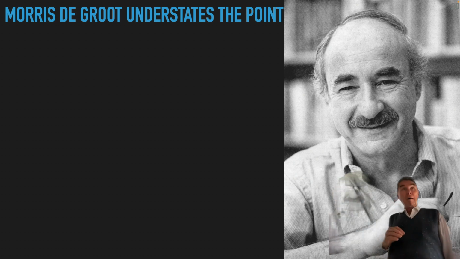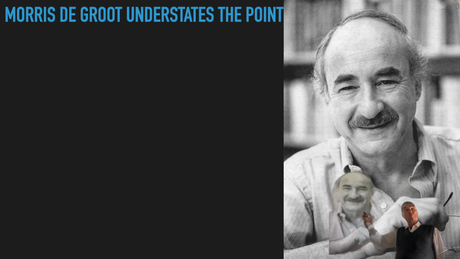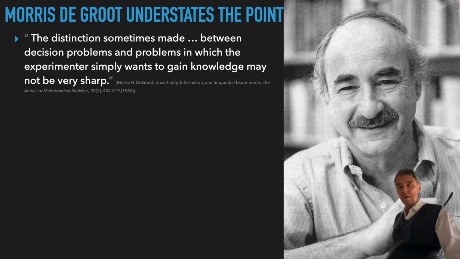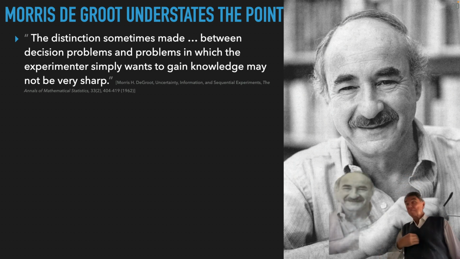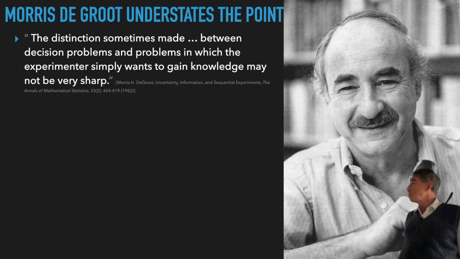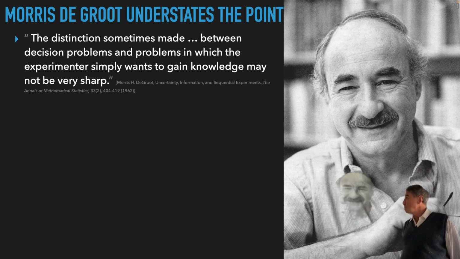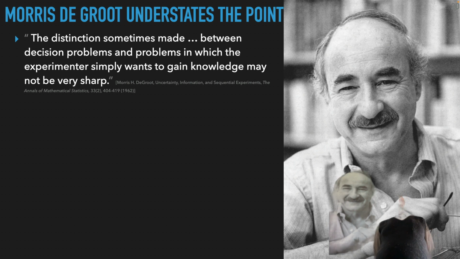Now, very famous Bayesian statistician, Morris DeGroot, in 1961, said this: the distinction sometimes made between decision problems, that's like with a loss function, and problems in which the experimenter simply wants to gain knowledge may not be very sharp.